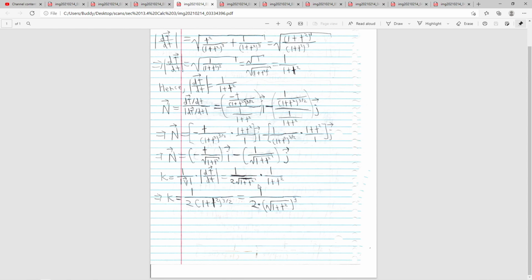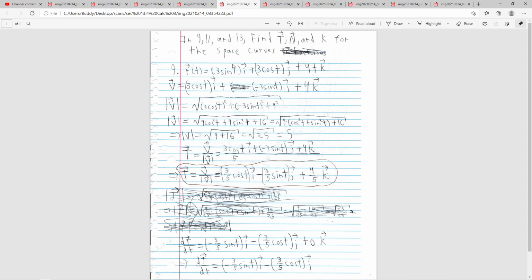You add exponents when you multiply things. This was the same base with different exponents. And that can be written also, I guess, one of the answers they want might be in the form of that, but this is correct as well, I'm pretty sure it's 3/2 power. 2 times the square root of 1 plus t squared, all to the 3rd power, that's the same. Yeah.